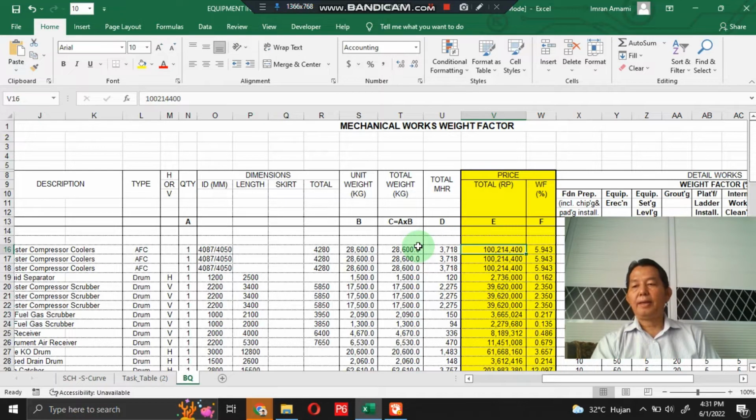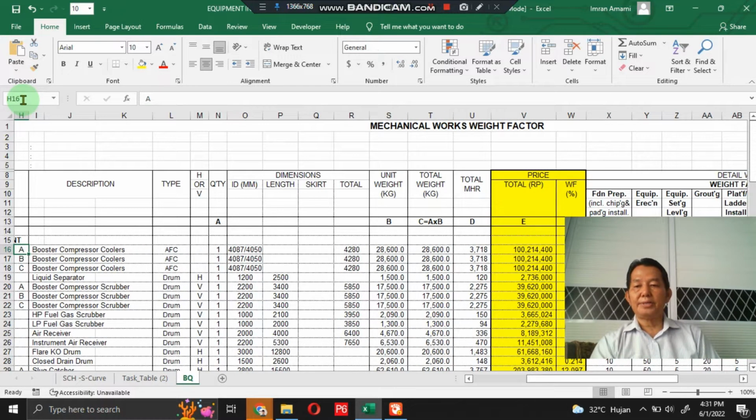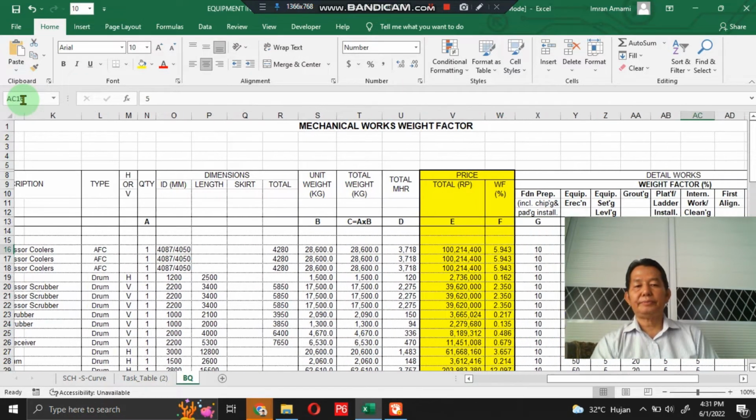For example, in cell B19, this is the contract price for the work item booster compressor coolers.